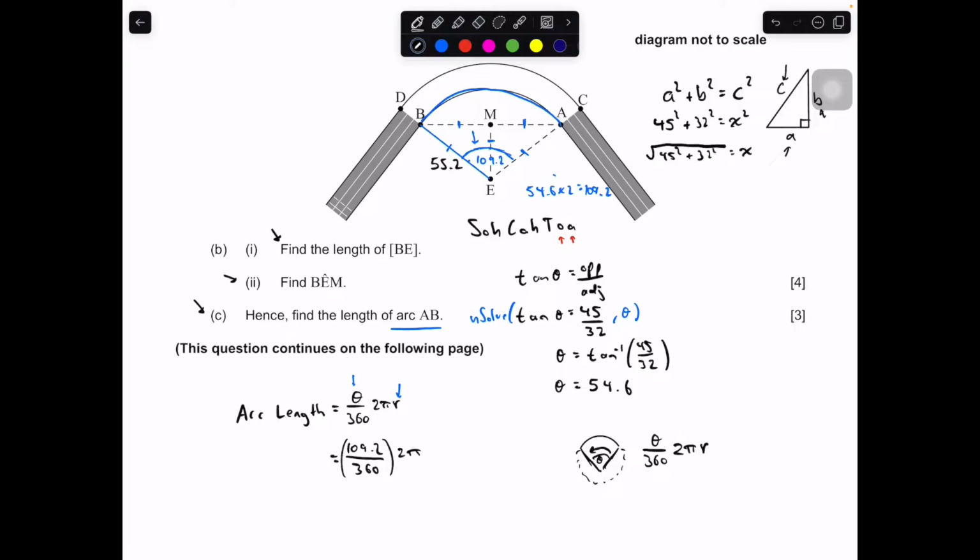R is our radius. So remember, we're sweeping through this angle, and this distance from the center to the edge of our circle is going to be our radius. So we know that the radius is equivalent to 55.2. There it is. That's our radius as well. So 2 pi times 55.2. Okay, that should give us our arc for AB. Let's go into the calculator and find the value.